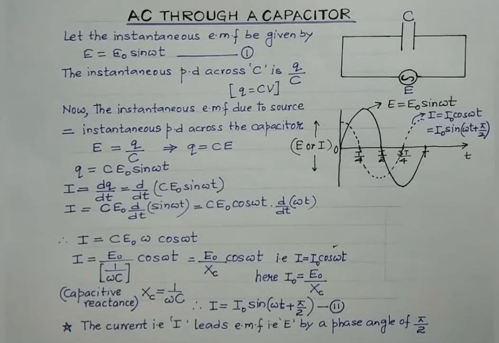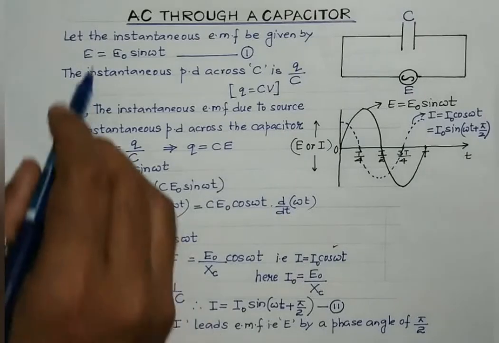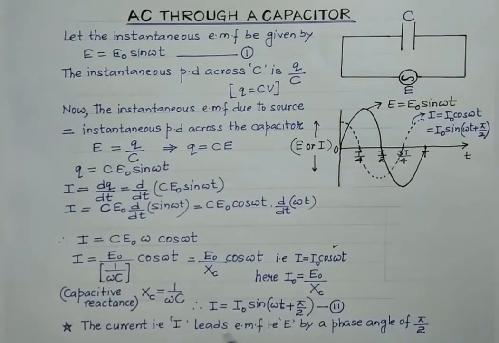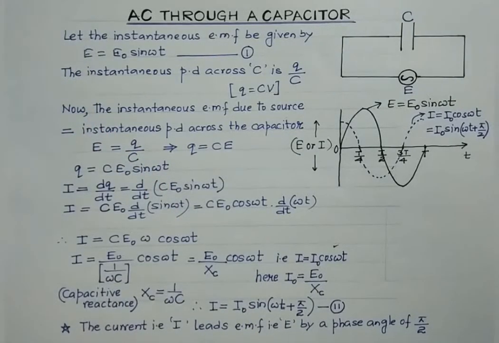Alternatively, you can also state that the EMF lags behind the current by a phase angle of pi by 2. Now also let's try to draw the phasor diagram.